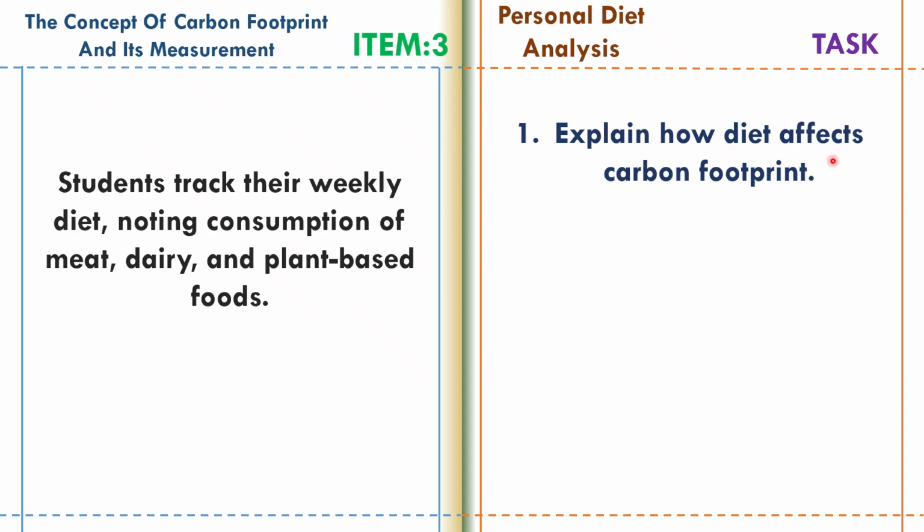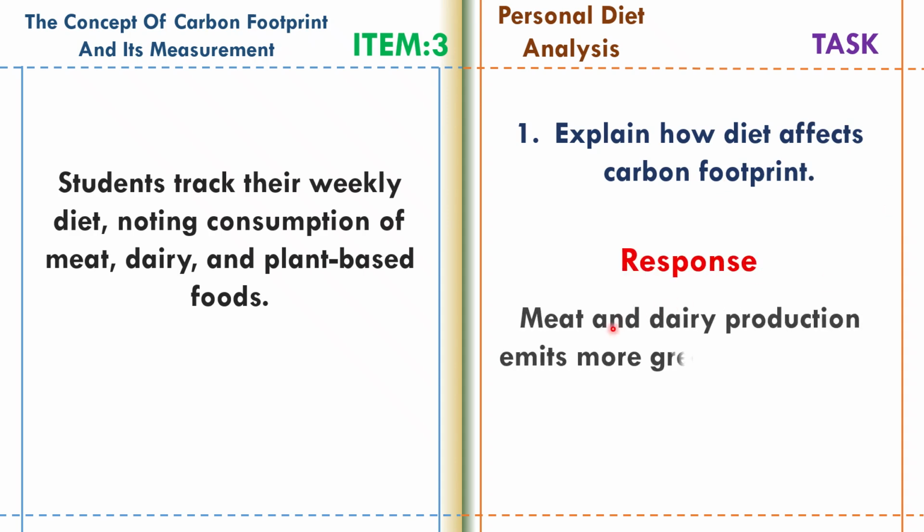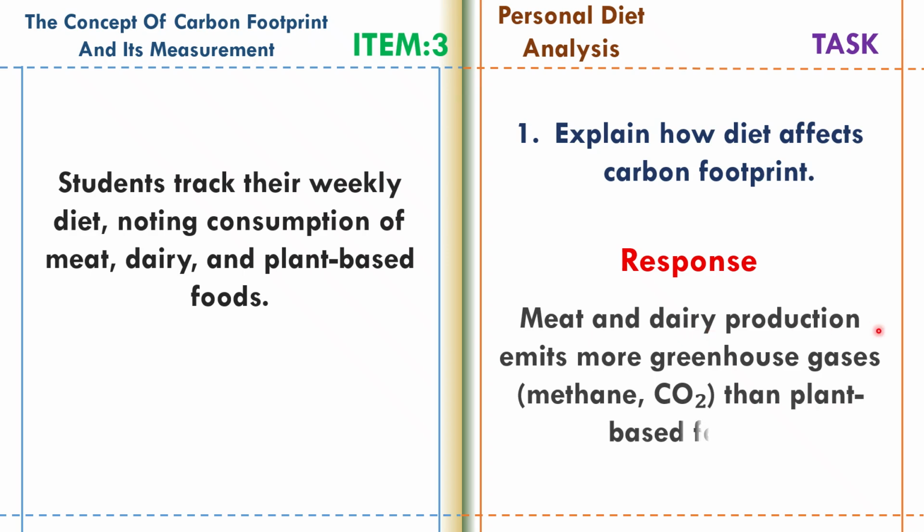Explain how diet affects carbon footprint. Meat and dairy products emit more greenhouse gases, methane and carbon dioxide, than plant-based foods.